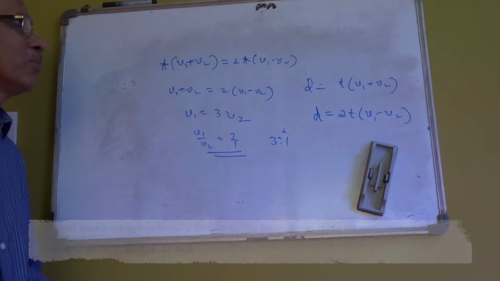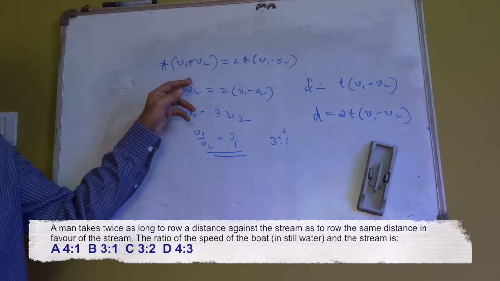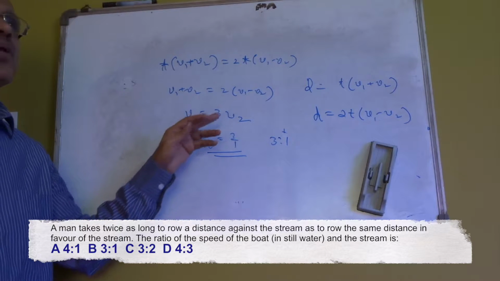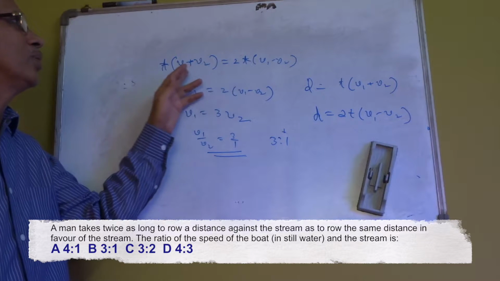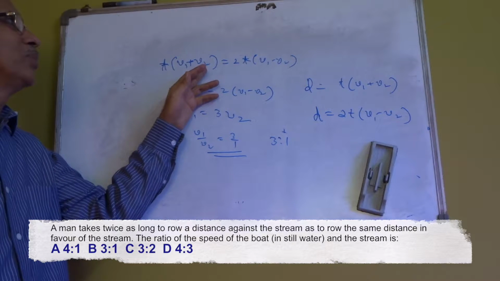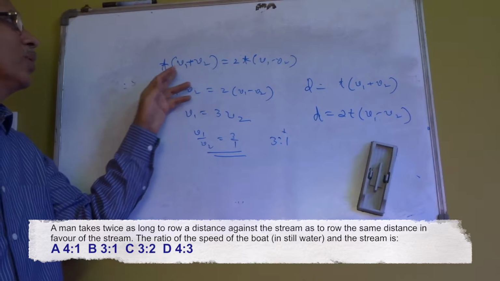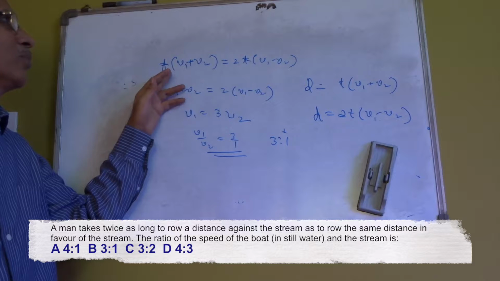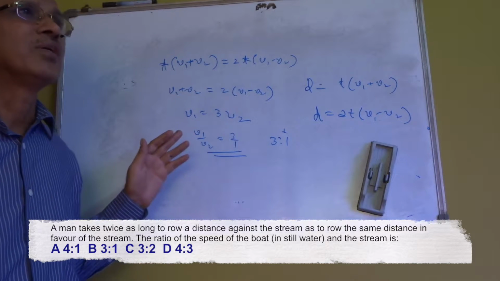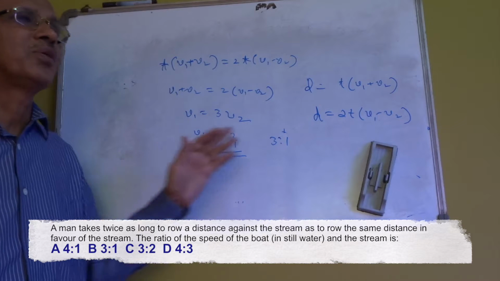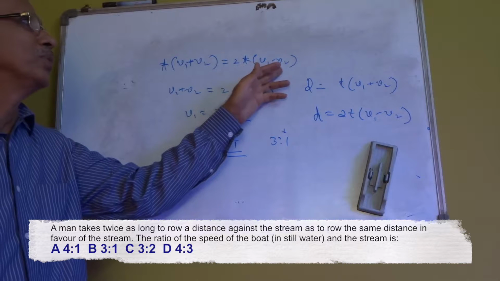This once again: while going, the stream is favorable because it is in the same direction. So if the speed of the boat is v1 and that of the stream is v2, the speed while going is v1 plus v2, and the time taken is t minutes. While returning, the boat is in this direction, whereas the stream is in the opposite direction, so the net speed will be v1 minus v2.